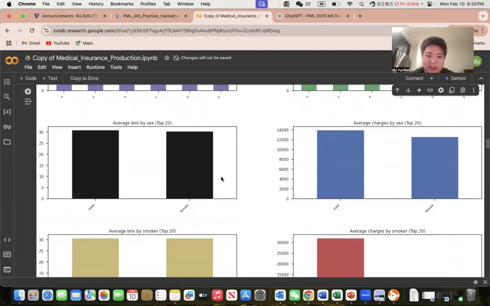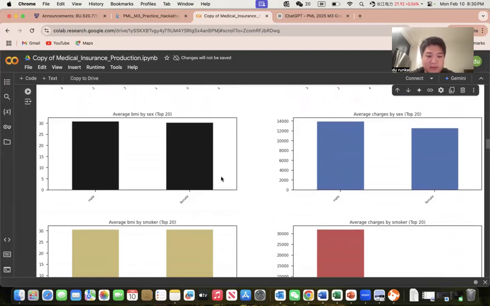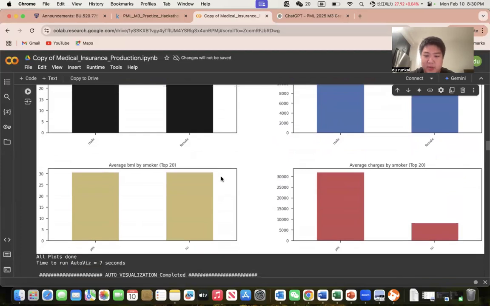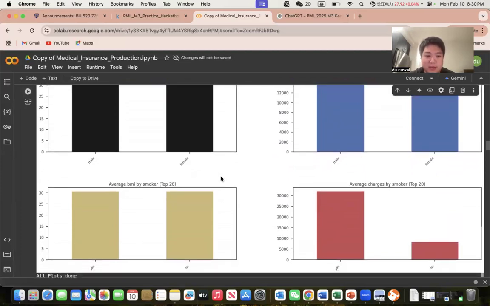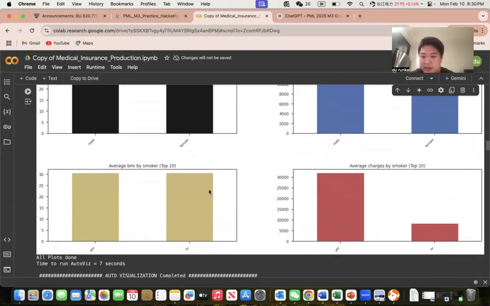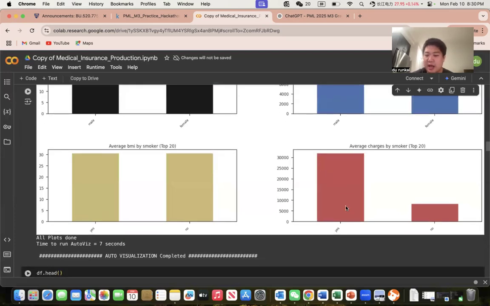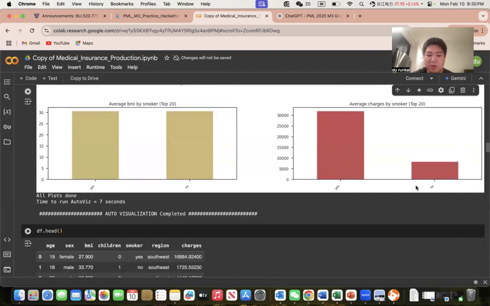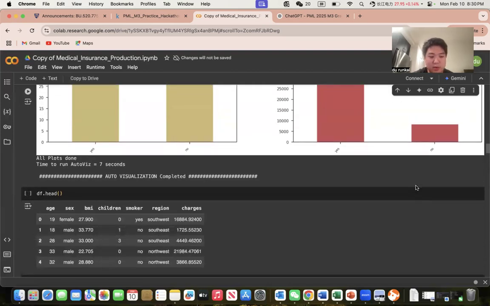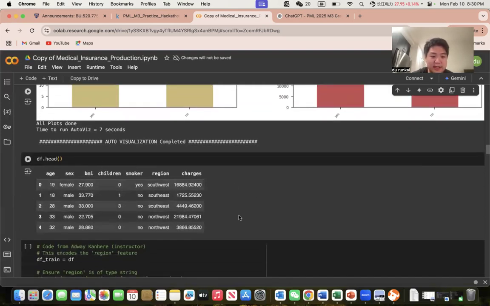The BMI by sex is the same. Male and female have the same probability for the same BMI, and the average BMI of smokers is the same. Charges by smoker: if someone smokes, the insurance for them is much higher than for non-smokers. This is all of the data set.